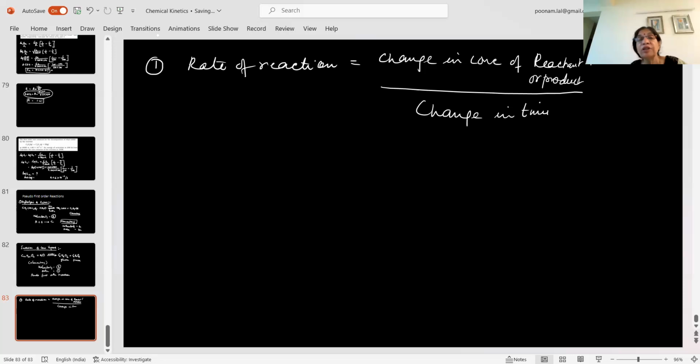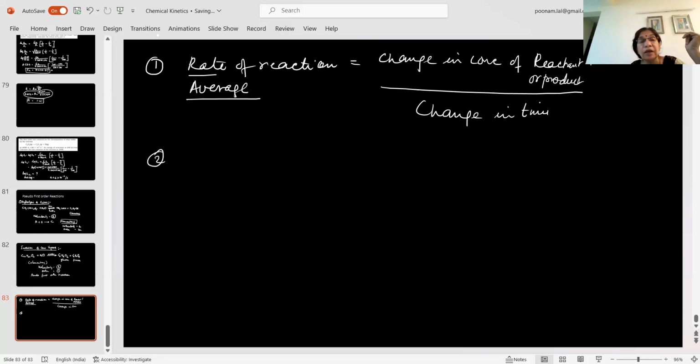And this is which type of rate of reaction? This is the average rate of reaction. If I take the initial and final concentration and the initial and final time, I calculate the average rate of reaction.